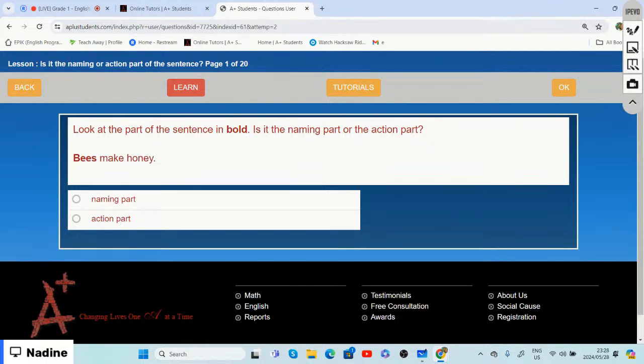So the word bees, we need to say if it's a naming part or an action part. So look at the word bees. Is that a naming part or an action part? Option one or option two?